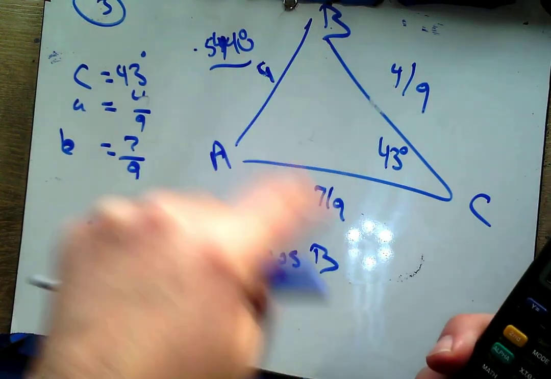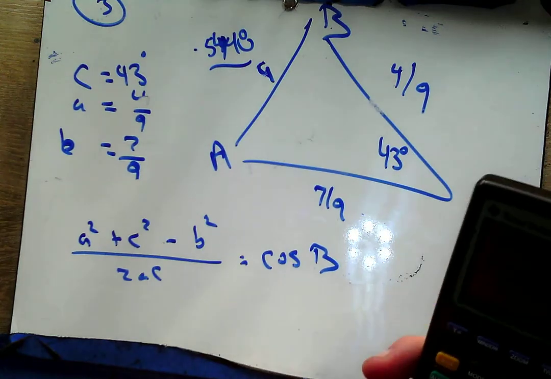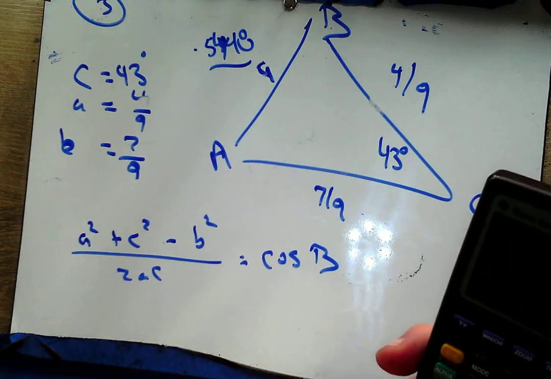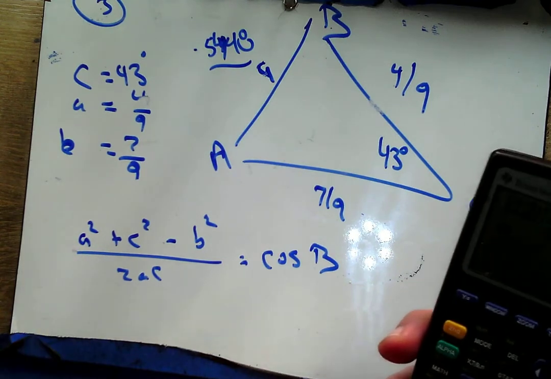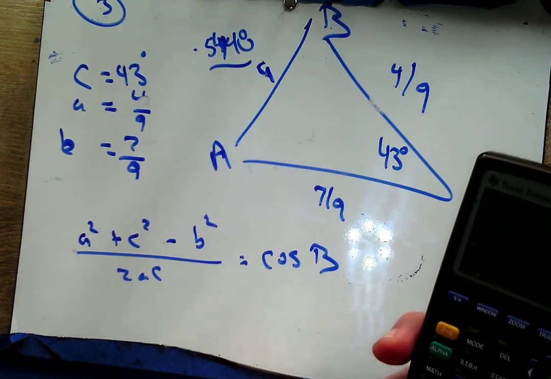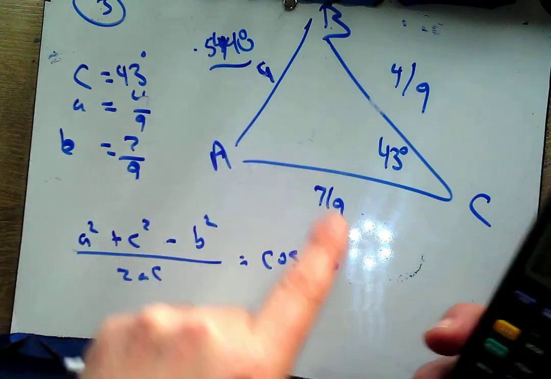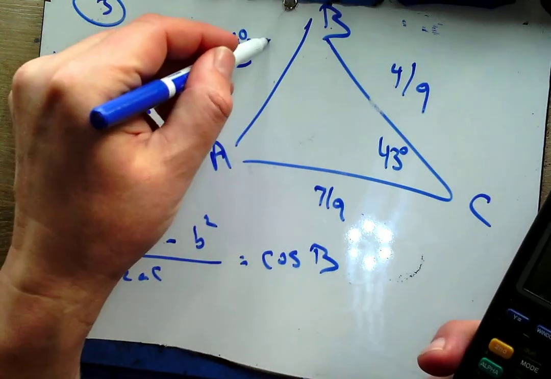I don't know how people do it without drawing the graphic organizer like that. It's just crazy to me. So we've got 4/9 squared plus C. Here's our C.